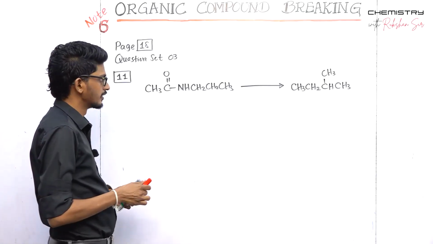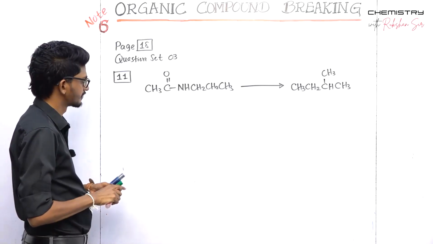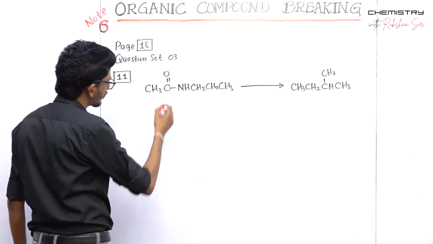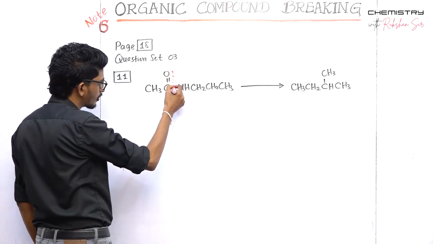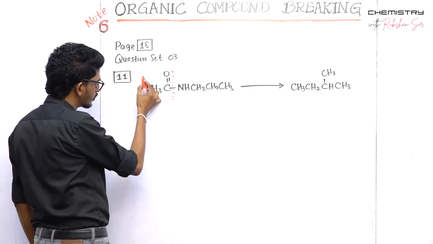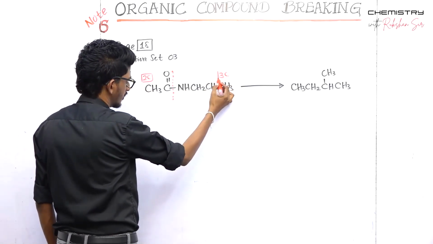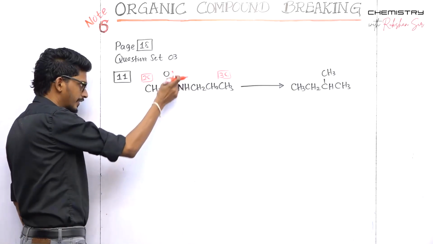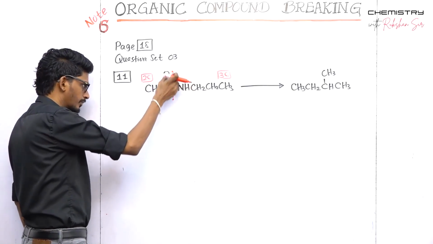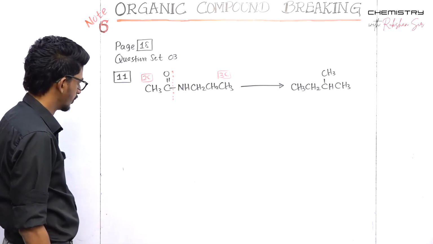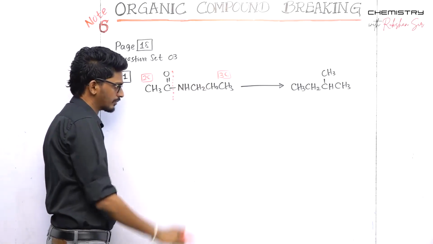So first of all, you can analyze here. If you break this bond from here, you will get a 2 carbon block and a 3 carbon block. If you break the total compound from here, you will get a 2 carbon compound and a 3 carbon compound.